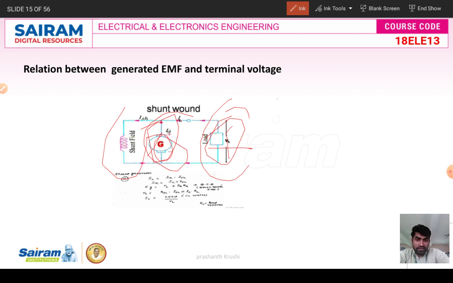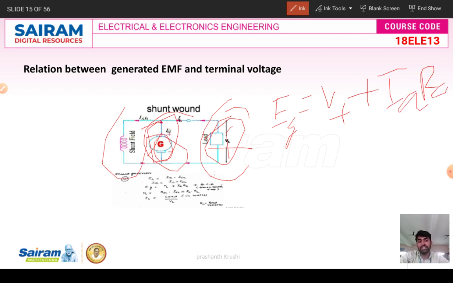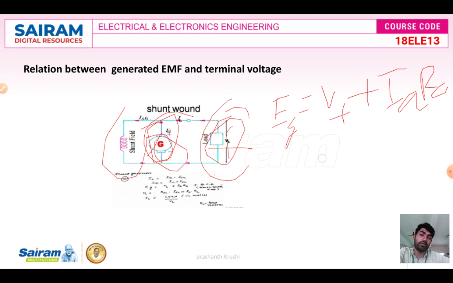So E_G = V_T (or V_L) + I_A R_A. The terminal voltage is developed by E_G only. If E_G is not there, the rotation is not there, and there is no terminal voltage. It also depends upon brush drops. So this is the relationship between generated EMF and the terminal voltage.